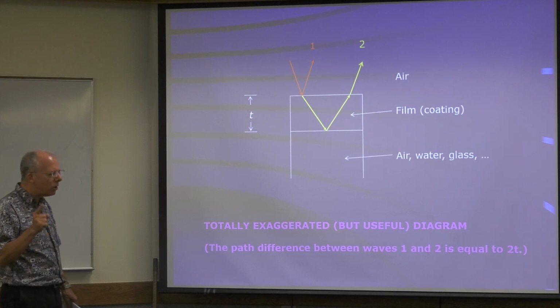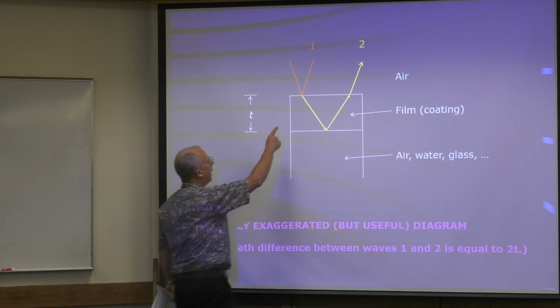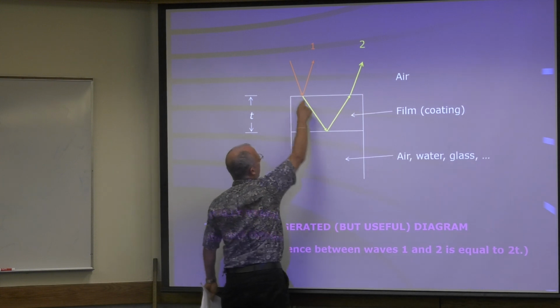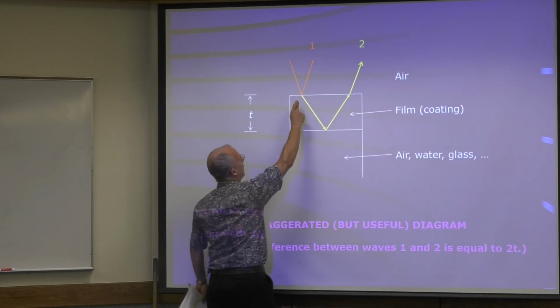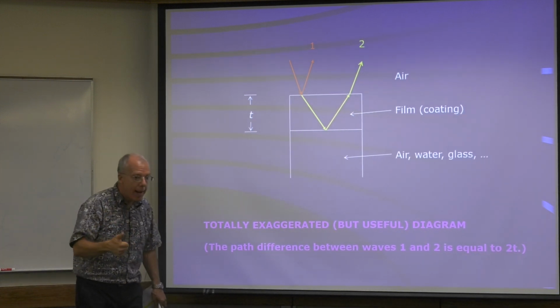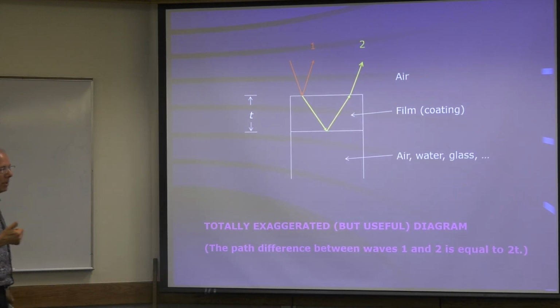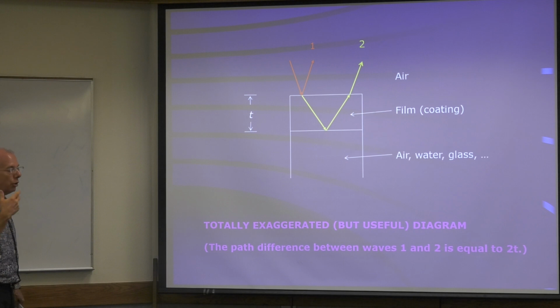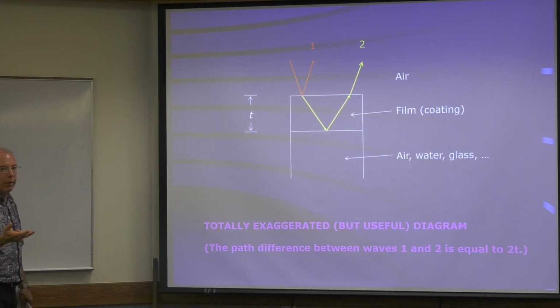Okay? So there's 2 things going on. There's the path length difference, and there's different places where the light is reflecting. So there are 2 reasons for the interference, the path length difference and the different indices of refraction. Okay? So there you go.